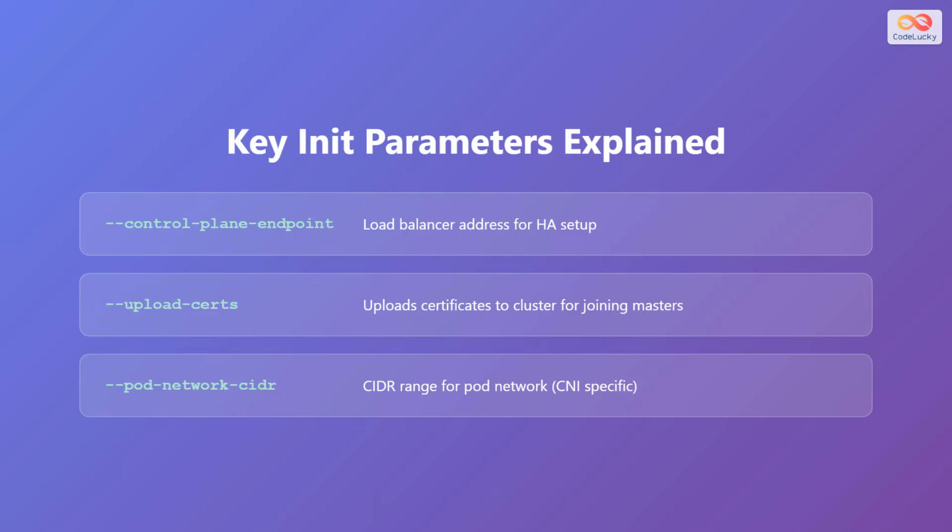This allows new control plane nodes to download these certificates during the join process, simplifying multi-master setup. The pod network CIDR parameter specifies the IP address range that will be assigned to pods. Different CNI plugins have different CIDR requirements, so consult your CNI documentation before choosing this value.